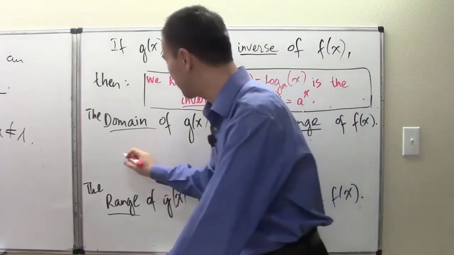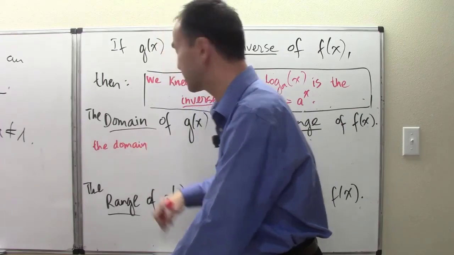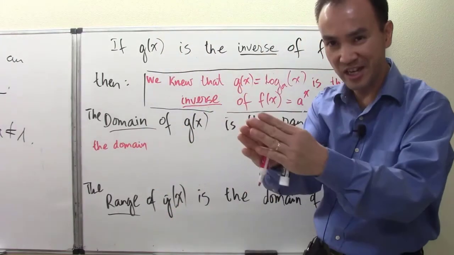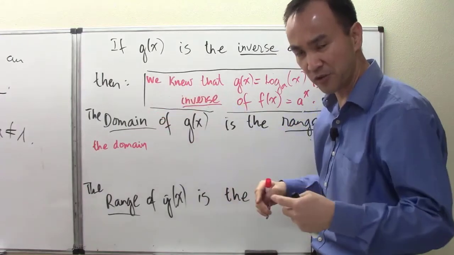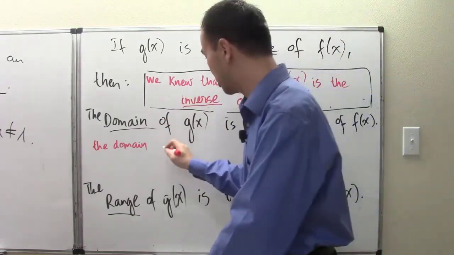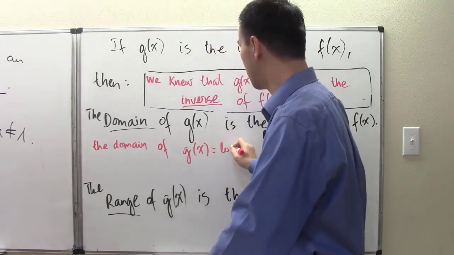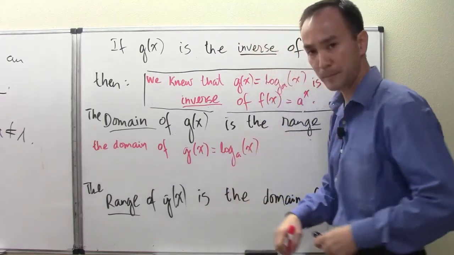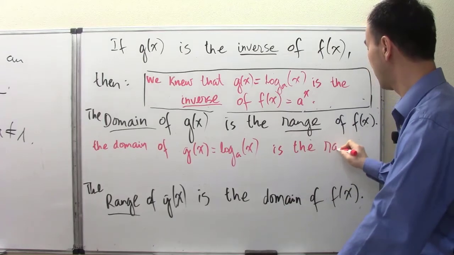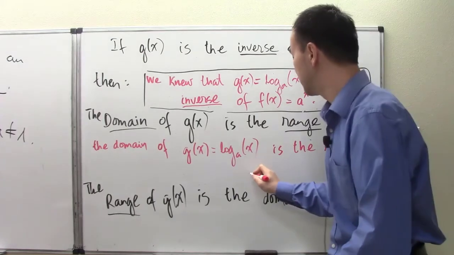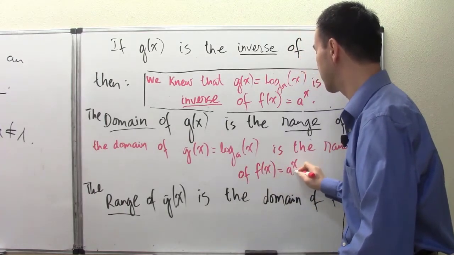So now if we apply that general understanding to our specific case, where g is the logarithm base a of x and f is the exponential function a to the x, then the domain of g of x, defined as log base a of x, is the range of f of x that was defined as a to the x.